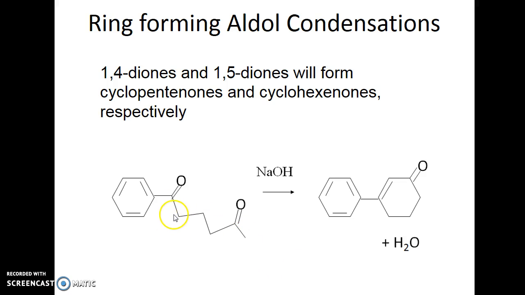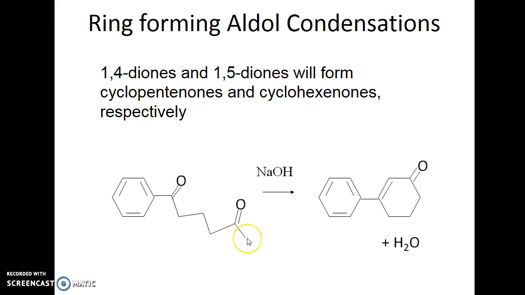So I can deprotonate here, here, and here. What ring sizes would I get? Well, if I deprotonate here and attack this carbonyl, I would have a 1, 2, 3, 4 membered ring. Not very good. If I deprotonate here and have nucleophilic attack here, how many atoms would you have in the ring? 1, 2, 3, 4.